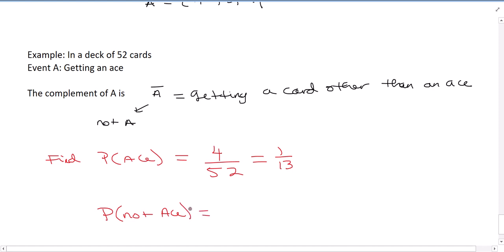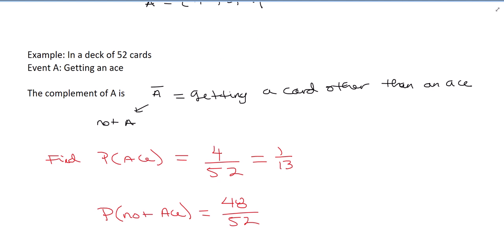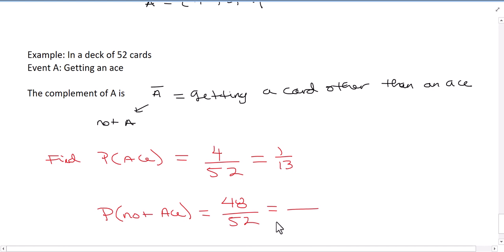What will that be? If there are 4 aces, then the rest of the cards are not aces, so there are 48 out of 52. Again, we can reduce that. I already know 52 divided by 4 is 13, which is prime. What's 48 divided by 4? 12. So 12 out of 13 will be our probability.